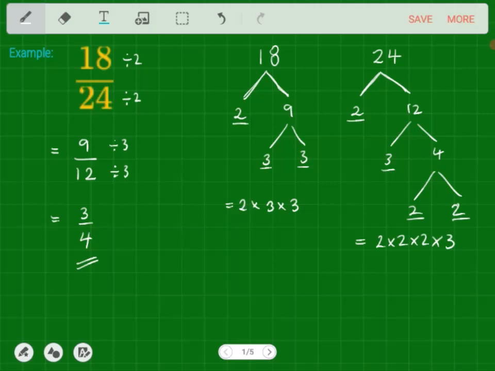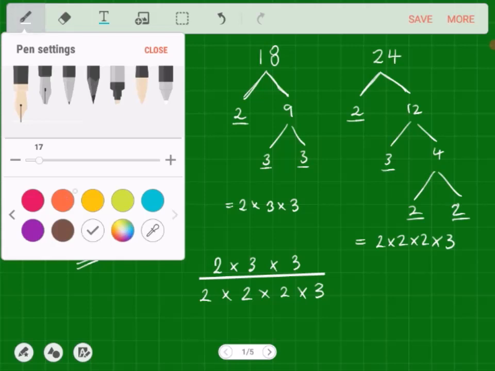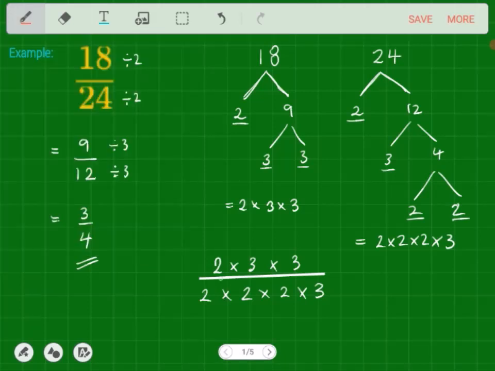If we write the 18 over 24 as the product of primes, we have the 18 on the top, which was 2 times 3 times 3. I'm going to give it a bit of space there. And then we've got the 2 times 2 times 2 times 3 on the bottom. We'll consider now which pairs are going to cancel.